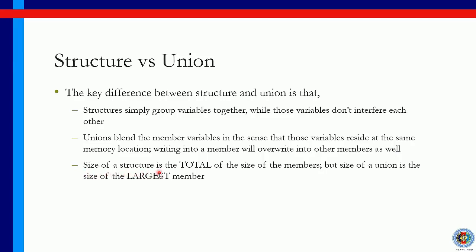The size of a structure is the total of the size of its members because we simply combine the members. But the size of a union is the size of the largest member because the members of the union reside at the same place. What will appear as the size of the union will be the largest member. That is how it's blended.